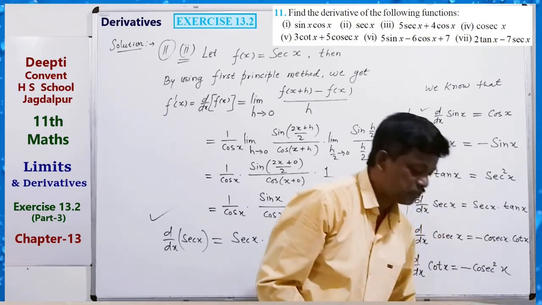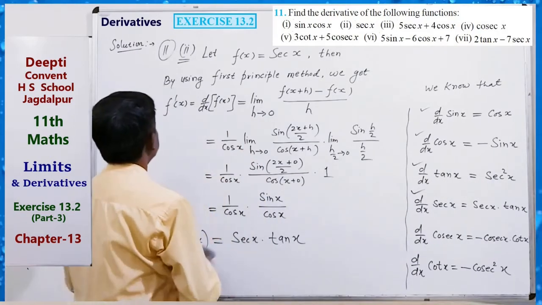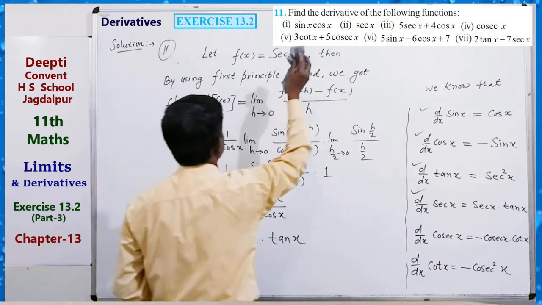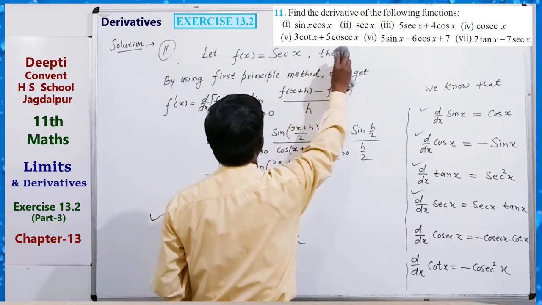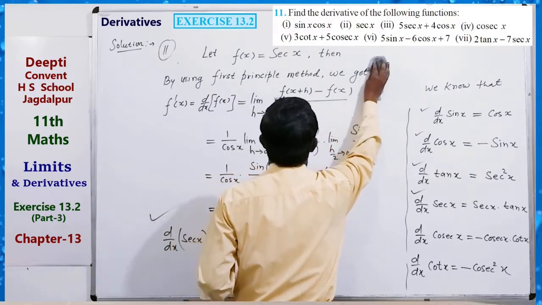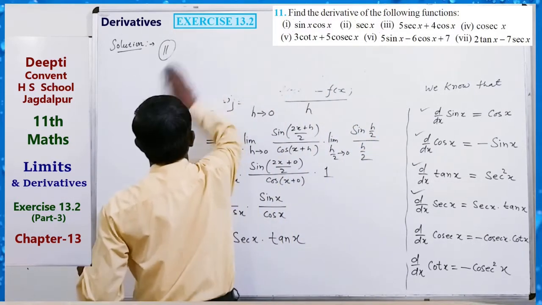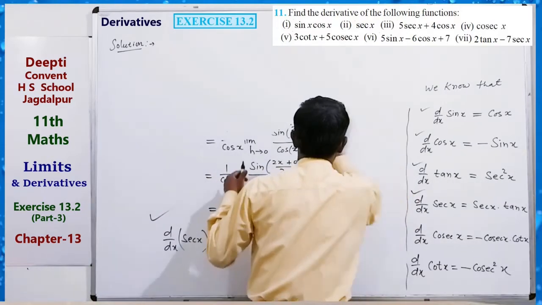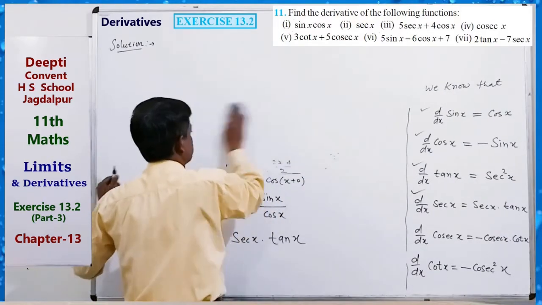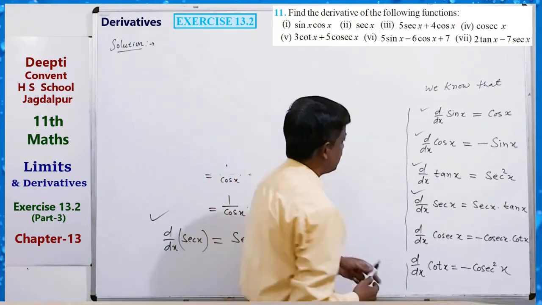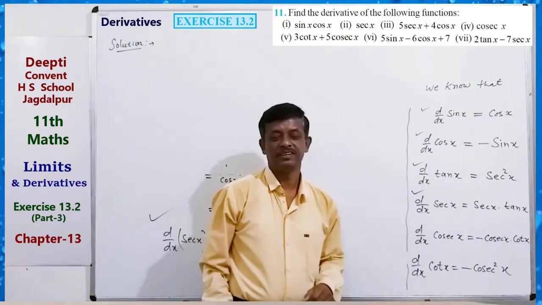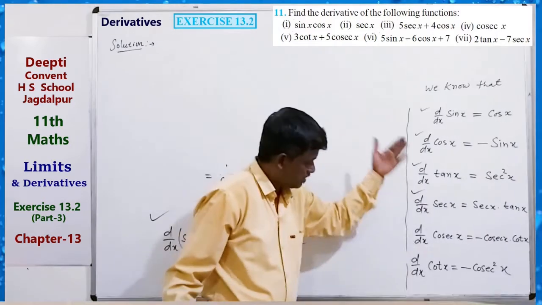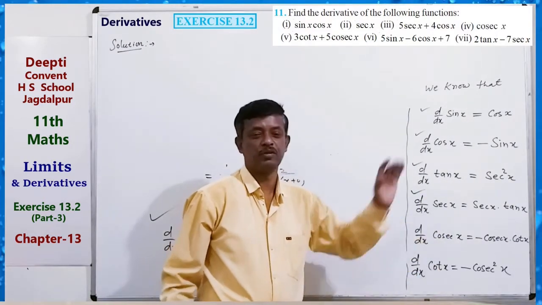Five sec x plus 4 cos x. Okay. Question third. So now these 4 we can use as a formula. Also you can use this as a formula.